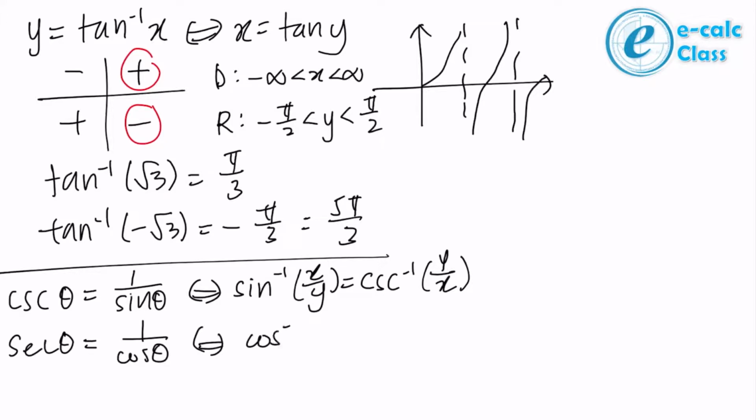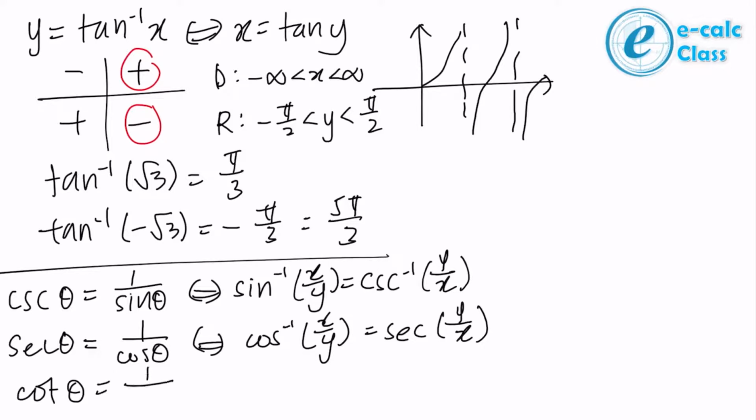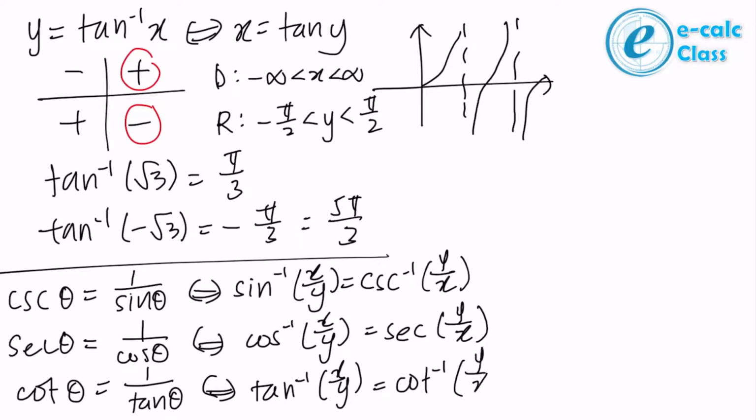So cos inverse x over y will be secant inverse y over x. Cotangent theta is 1 over tan theta. So tangent inverse x over y is cotangent inverse y over x.